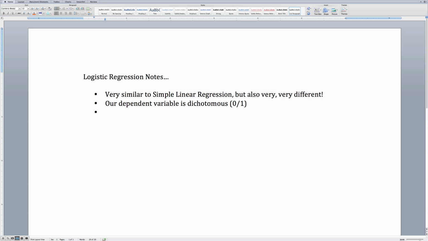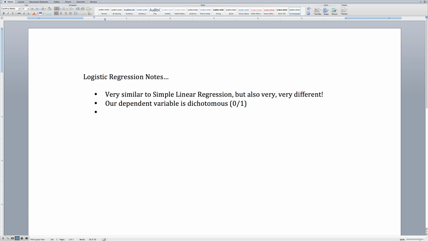The motivation here would be, if you can imagine, lots of different types of research goals that may have a dichotomous dependent variable. For example, in our previous presidential election, maybe we wanted to know what characteristics differentiated between those who voted and didn't vote.